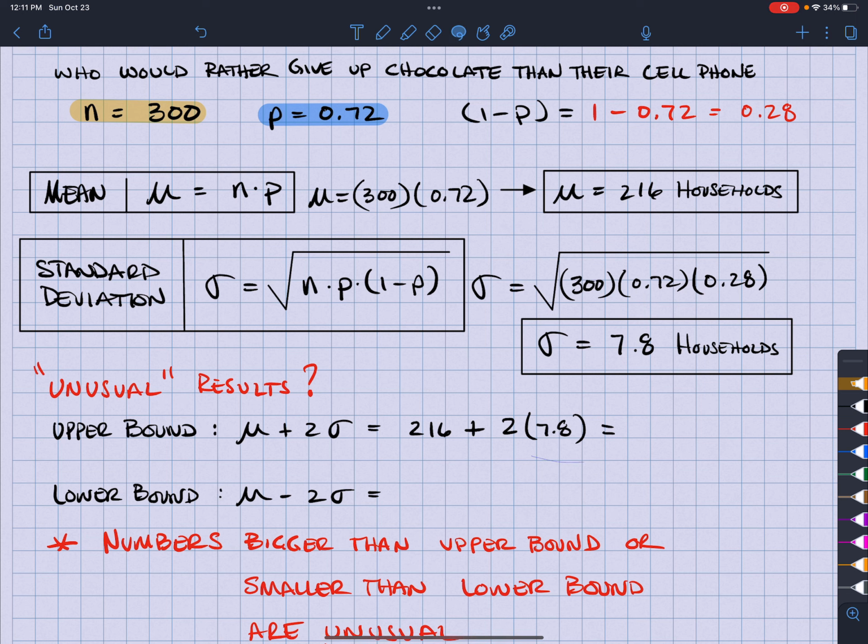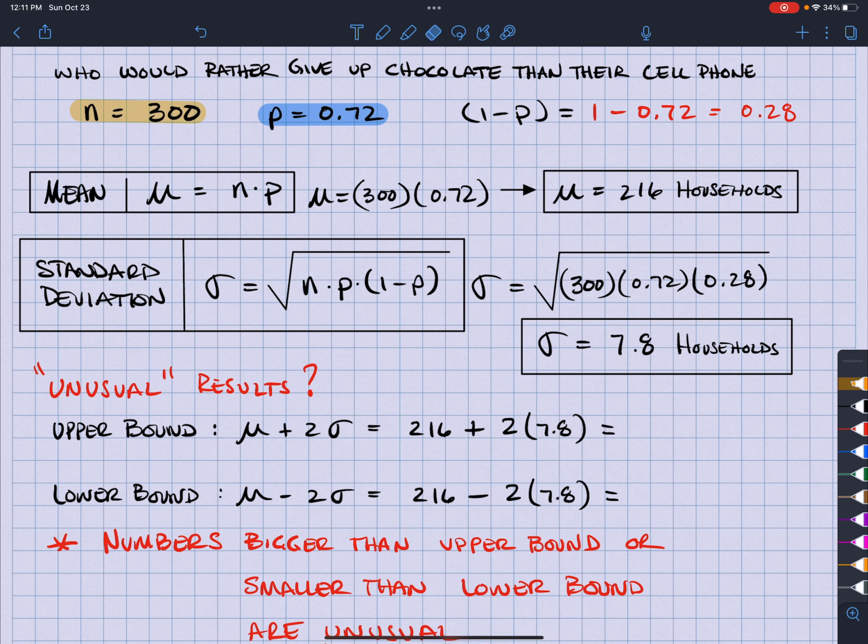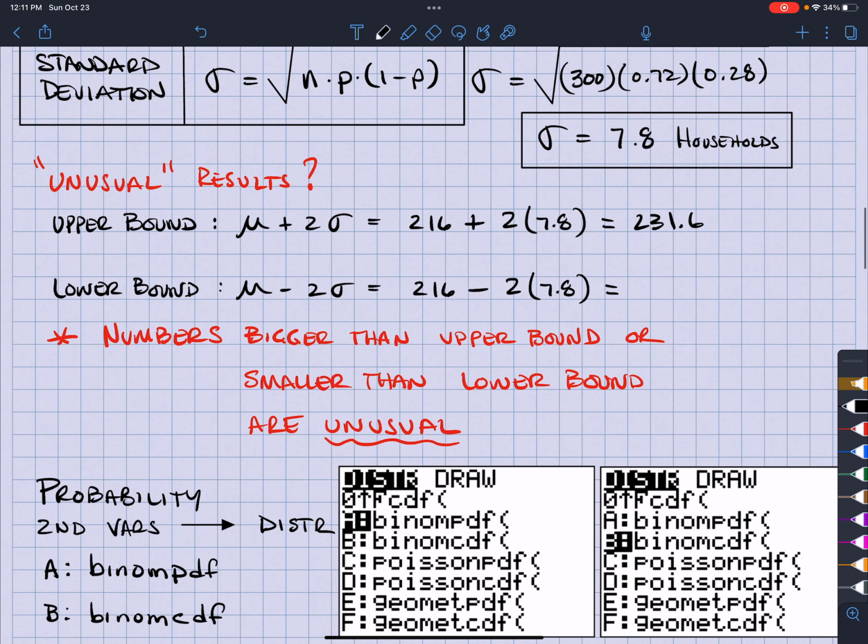The other is doing the same thing, except with subtraction. So my upper bound in this case is going to be 231.6, and my lower bound is going to be 200.4.